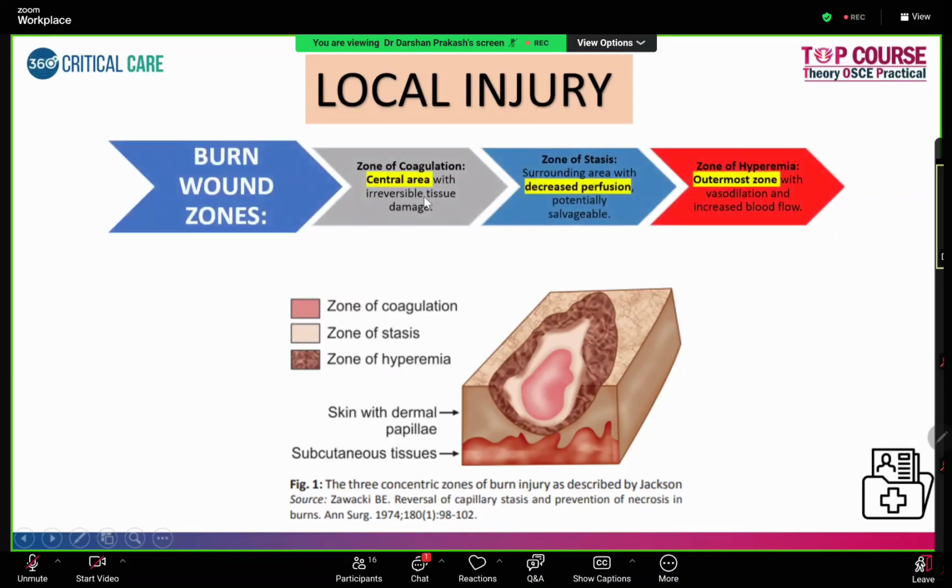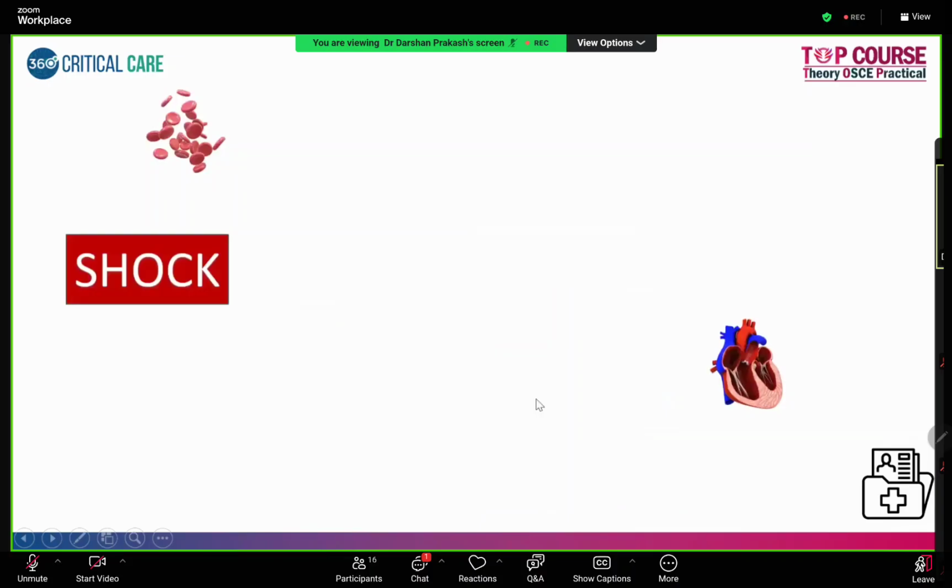The central area is the tissue which has irreversible damage. The stasis area is potentially salvageable if things are done at the earliest and the action is taken faster. The zone of hyperemia is the outermost zone wherein there is vasodilation and increased blood flow as a response to the burn injury.